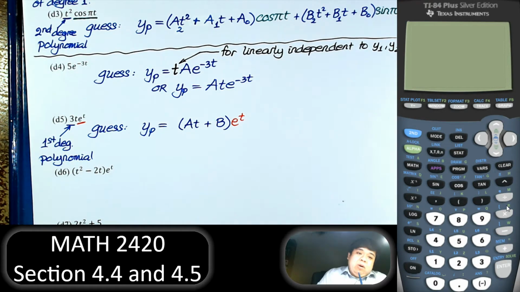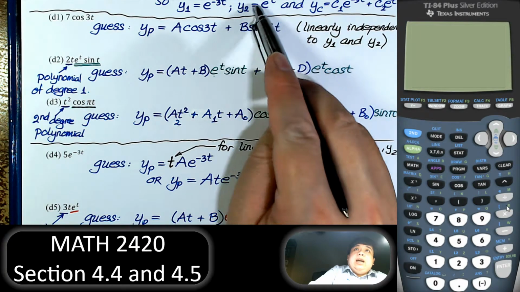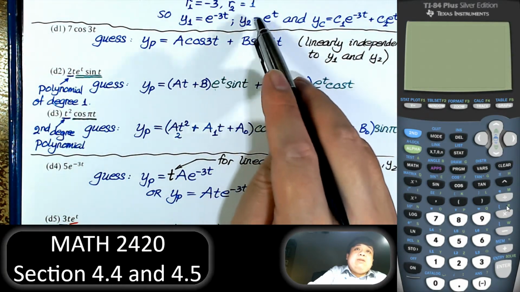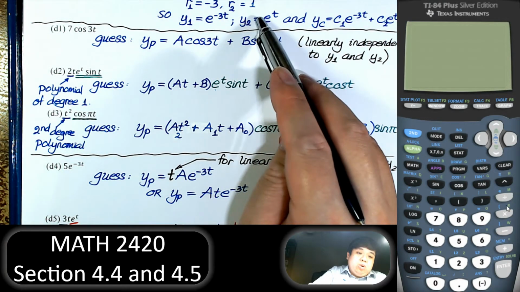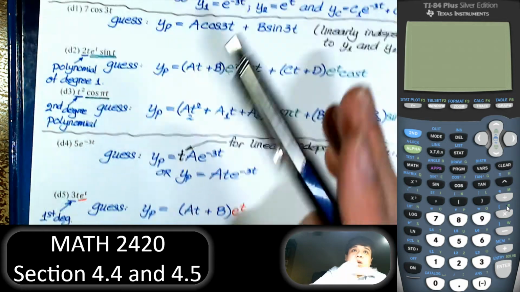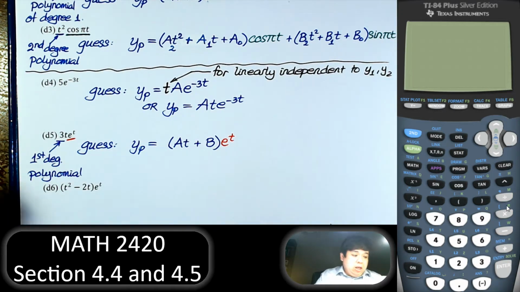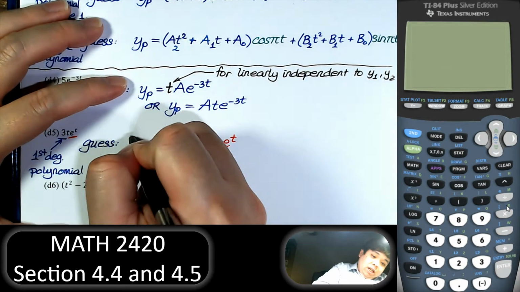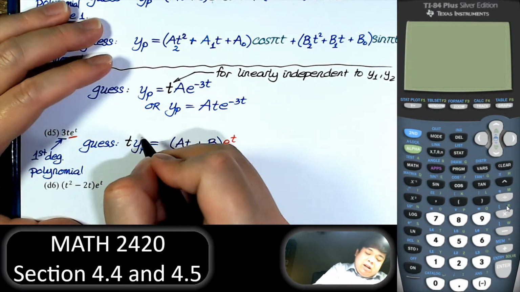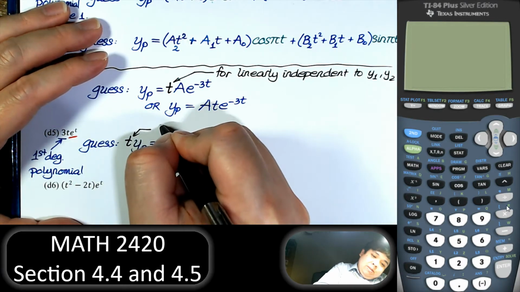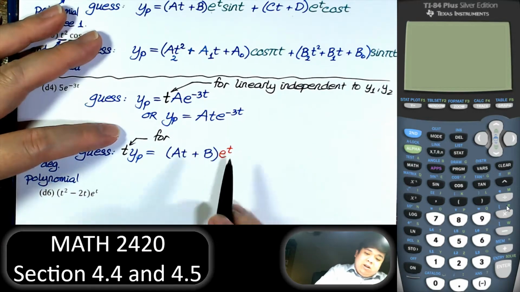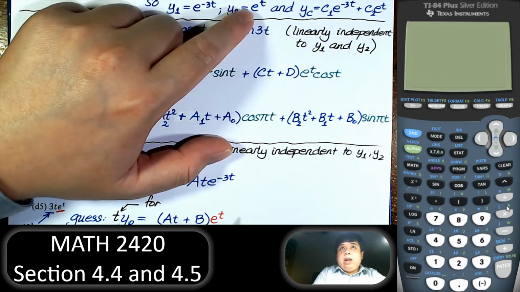However, when we look at this e to the t, we already have that as the solution for the complementary solution. So it has to be something else. So make it something else, put the t here for linearly independent, because the e to the t is there already.